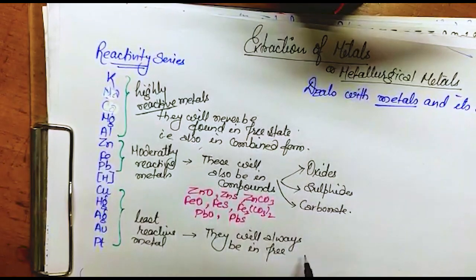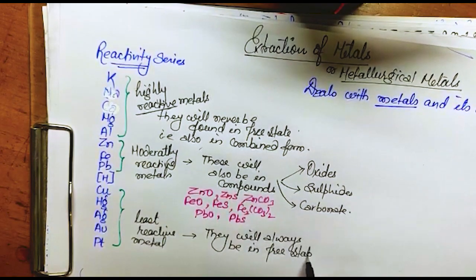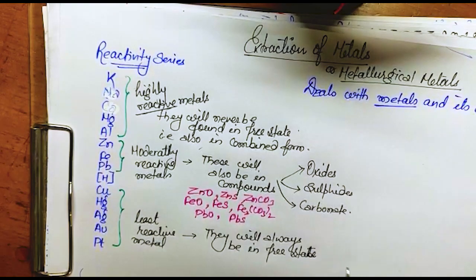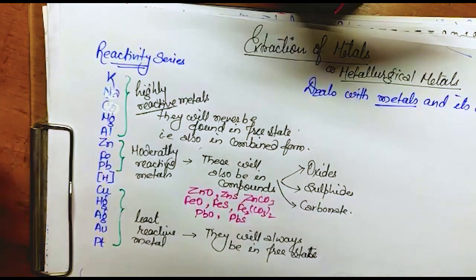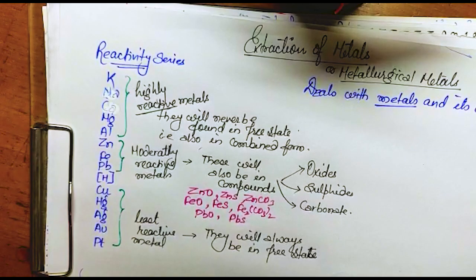It doesn't mean that they will never combine. They can combine, but in the atmosphere, in the environment, they exist freely. Because they are least reactive, they don't react on their own. So they exist just like that, isn't it?